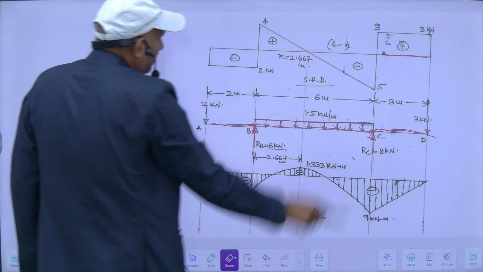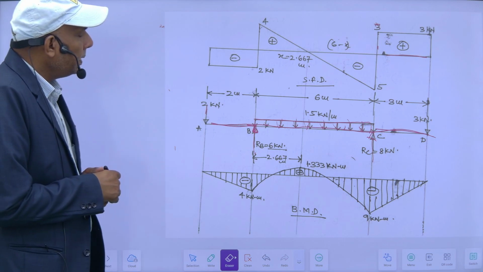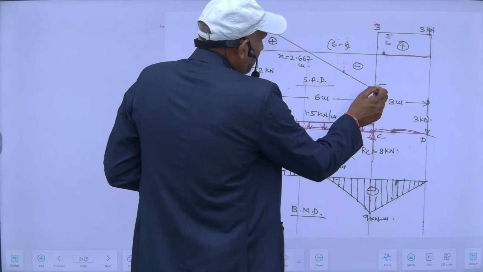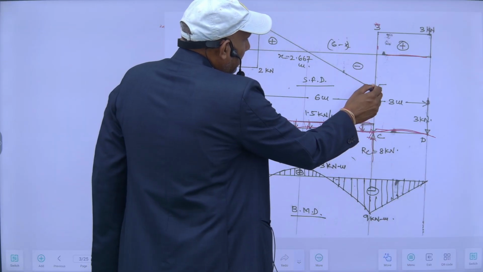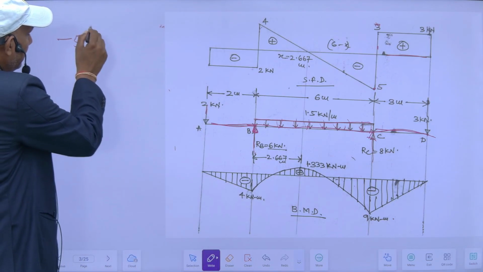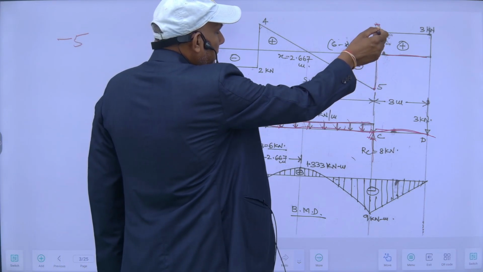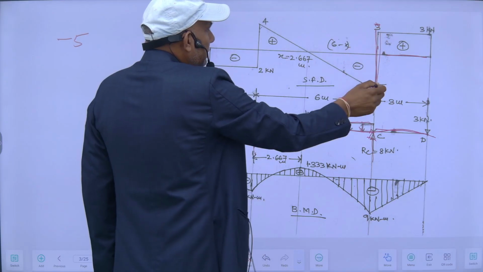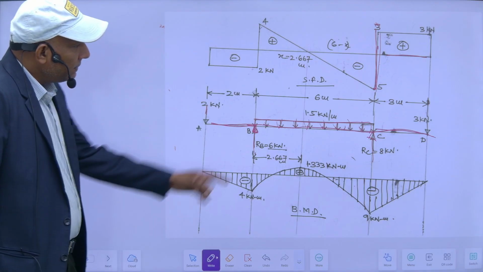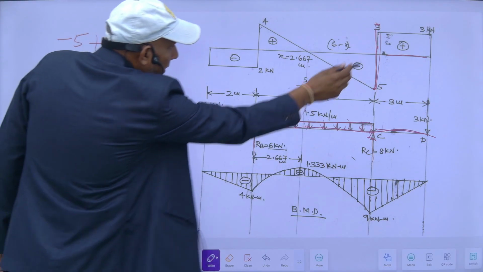So this is a UDL of 1.5 kilonewton per meter. Then again, I see my shear force at this point is minus 5 kilonewton. So minus 5, then there is a sudden jump. From the right side it is plus 3. So in minus 5, what should I add so that its value will become plus 3?